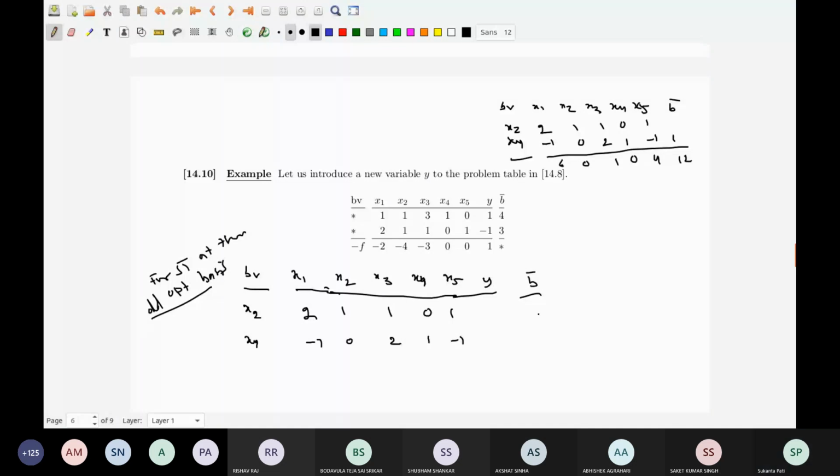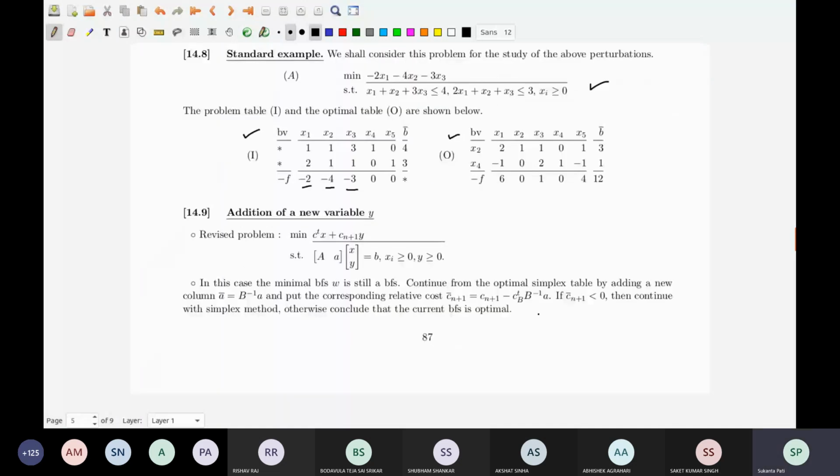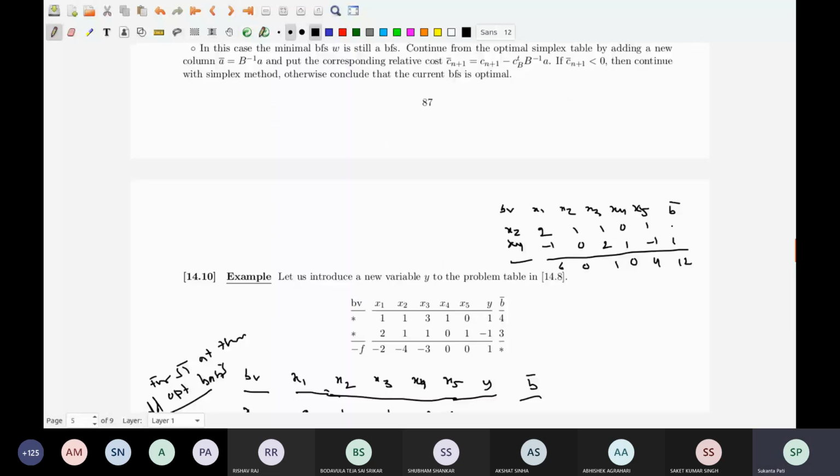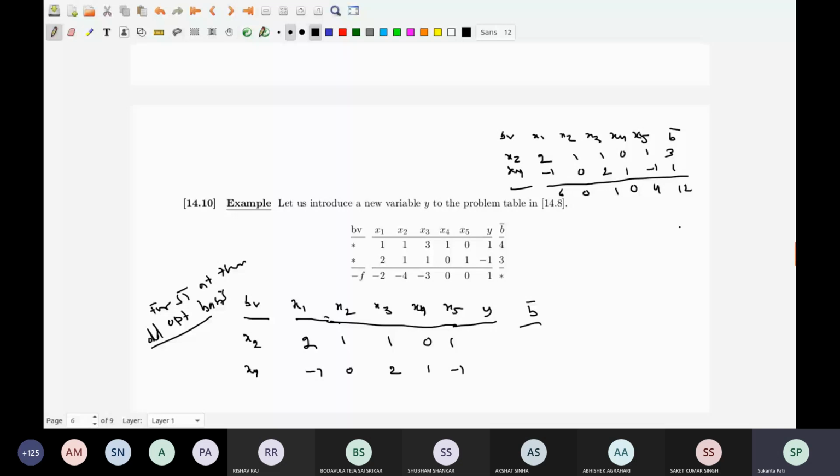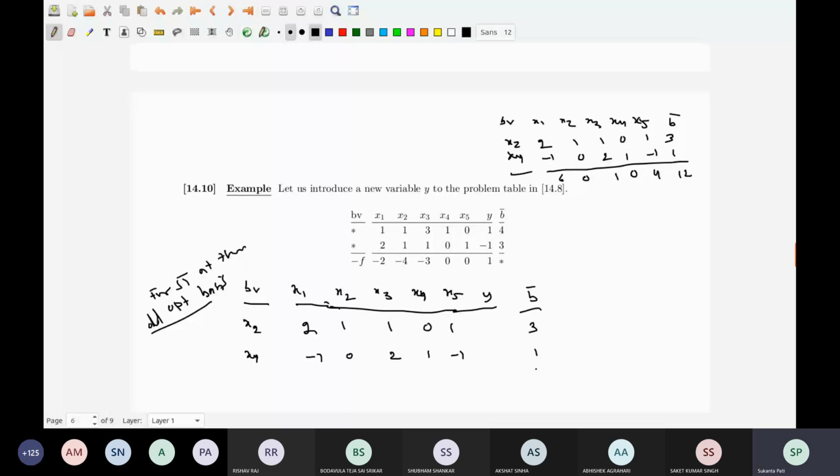This was 3. B will come the same way only. So 3, 1. Okay. So earlier, what was the C bar?